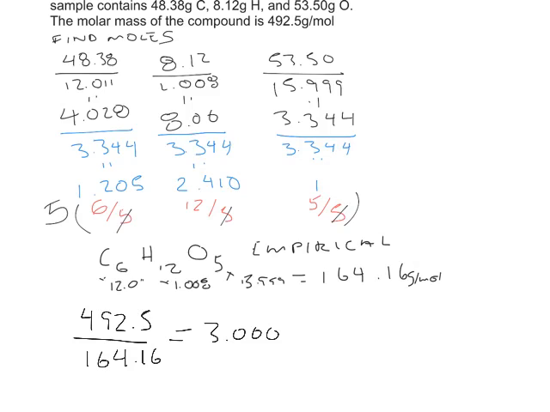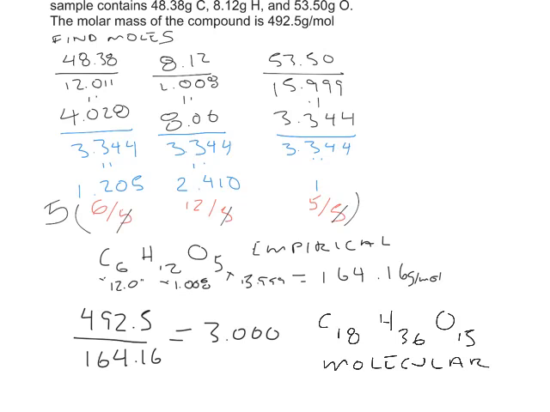So what this means is the actual compound is 3 times bigger than our empirical. So if our empirical is C6H12O5, then the molecular formula is going to be C18H36O15.